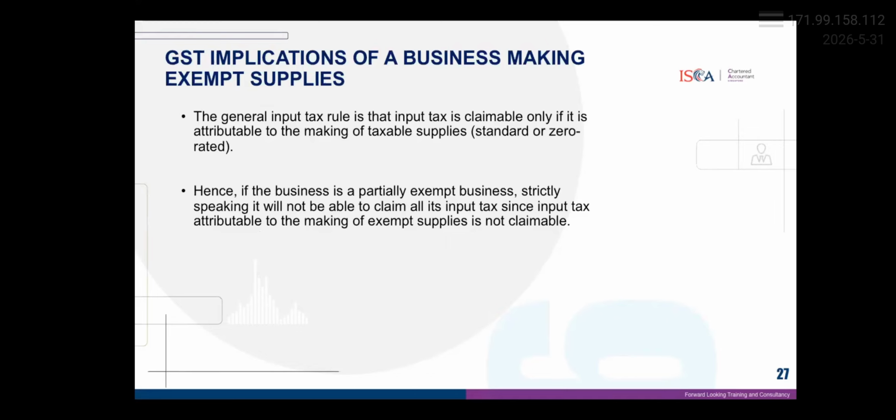There are some GST implications of a business making exempt supply. Remember, one of the conditions for claiming input tax is that we have to match the input tax to a taxable supply.